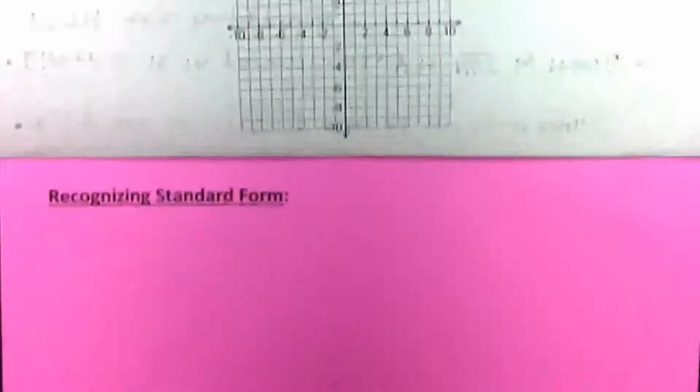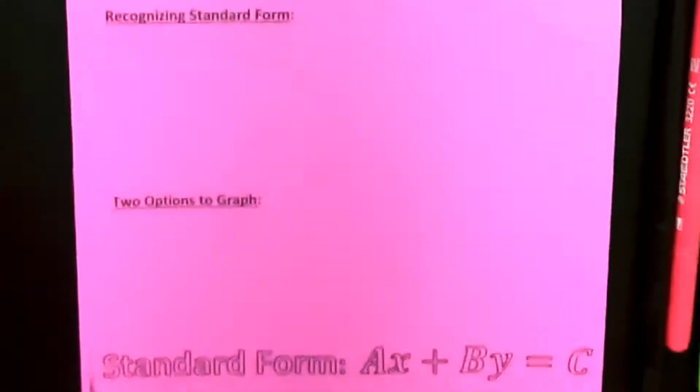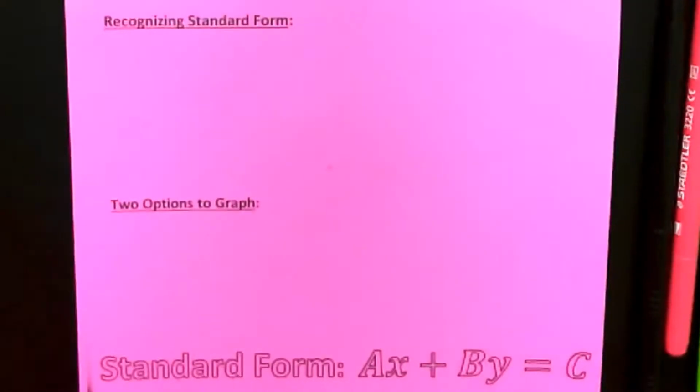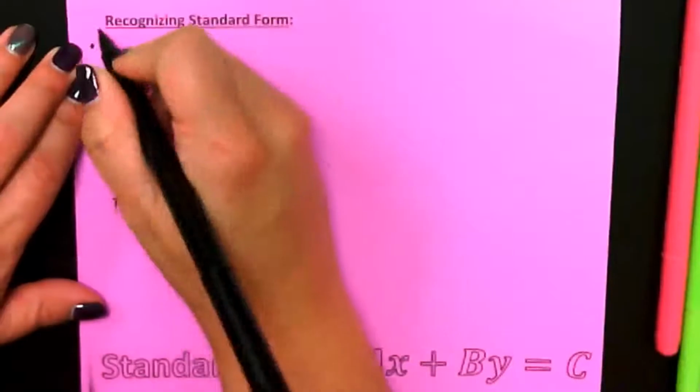We're going to start a little differently, so make sure that you're paying attention to this part. This is the only one that we're going to start a little differently. So recognizing standard form. All right. So standard form.